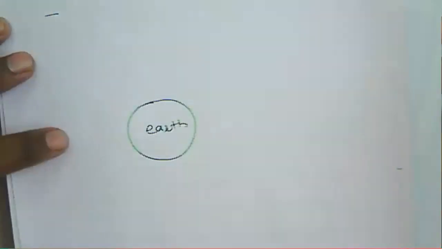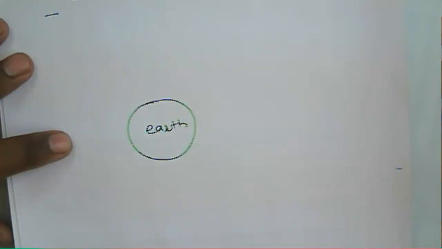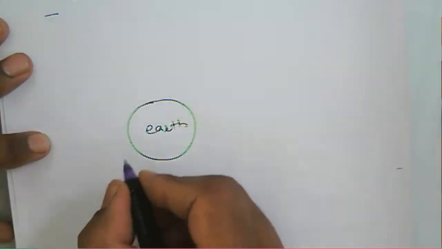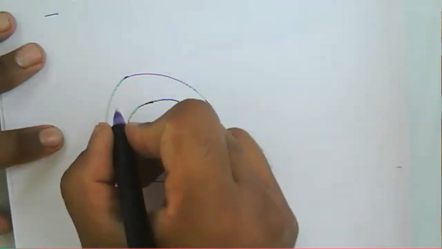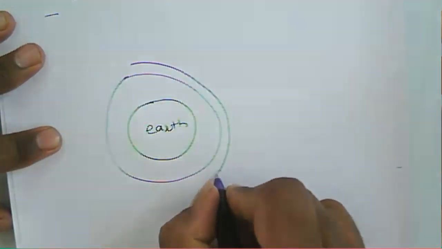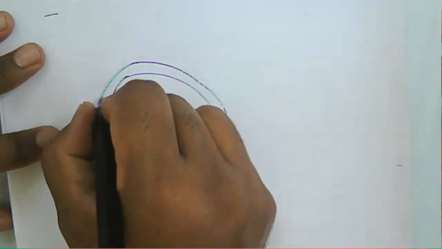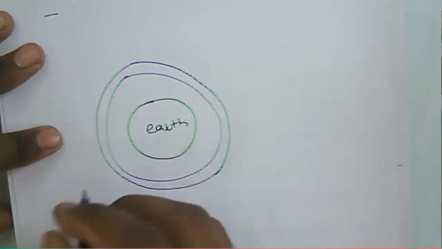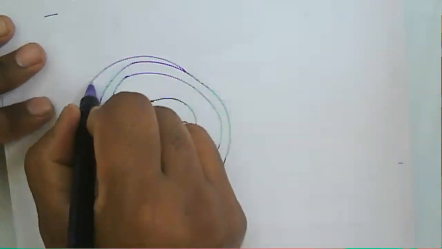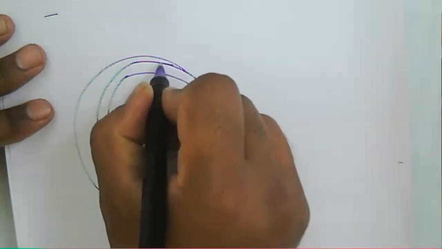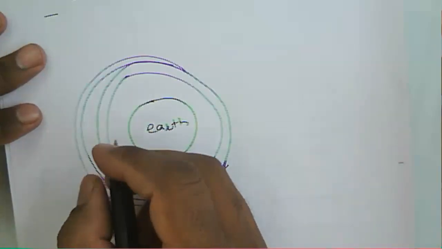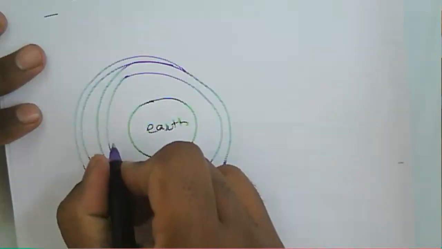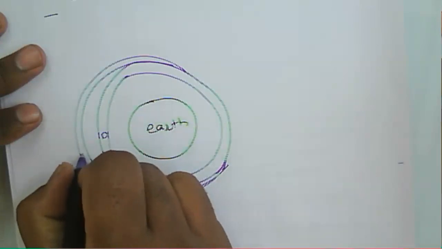Earth, now this one we say is the Earth. Then we have the layers. So this is the D layer. This one is the E layer here.